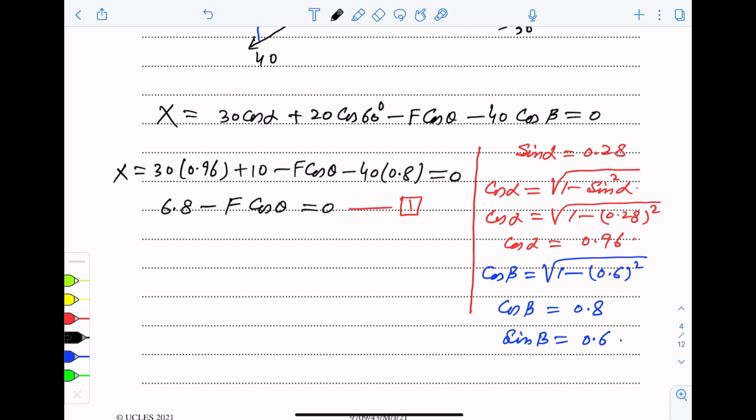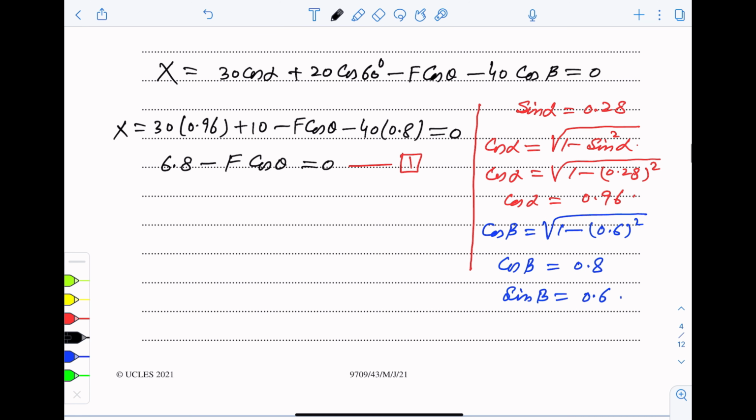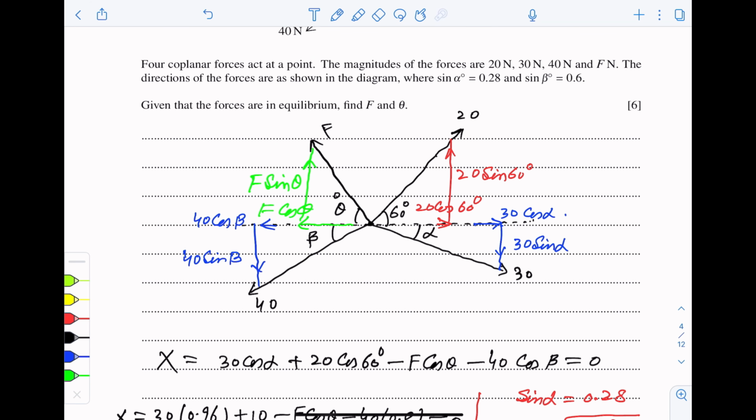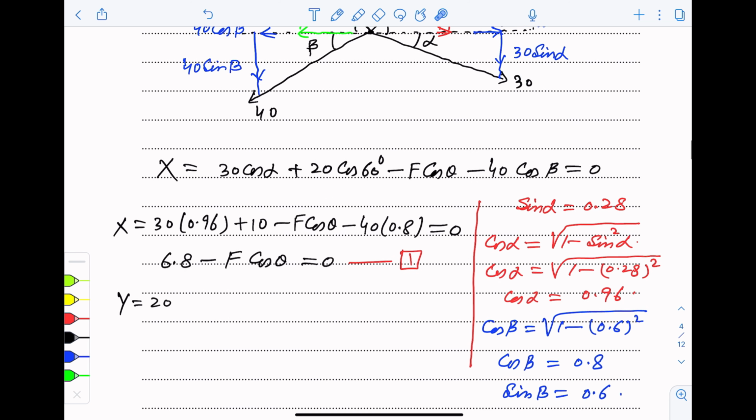Now the sum of components in the y direction will be 20. Here you can see these are the forces along y direction.